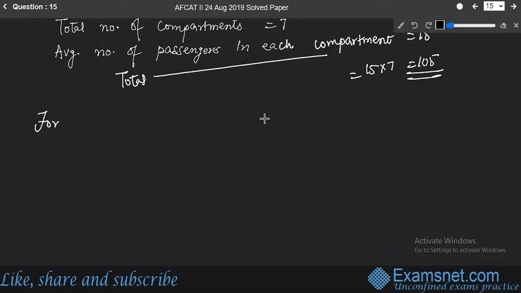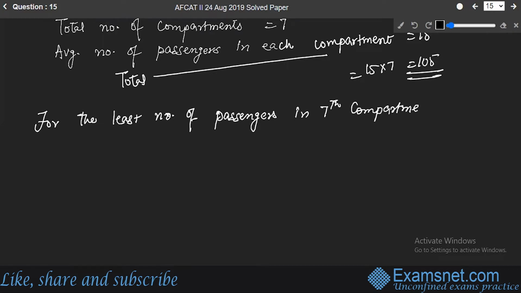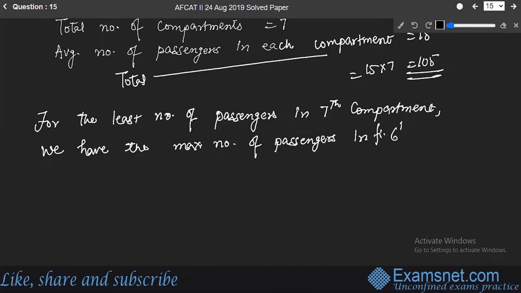For the least number of passengers in 7th compartment, we have the maximum number of passengers in the first 6 compartments.